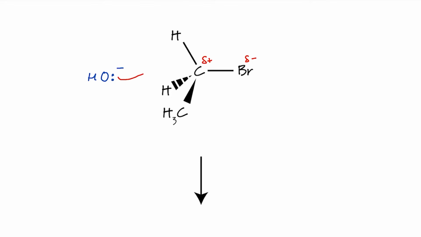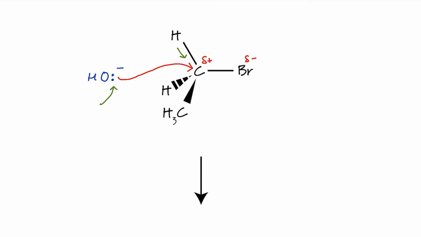Here comes our hydroxide ion. Now, drawing curly arrows denote the movement of a pair of electrons, and we need to be absolutely accurate at A level. So it starts at the lone pair of electrons and it finishes at the delta positive carbon. So many students don't pick up the marks for drawing out mechanisms, and this is a really common exam question, because they're just sloppy with the details.